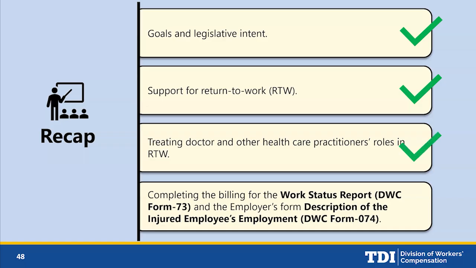We talked about the roles for our healthcare practitioners, our treating doctors, mid-level practitioners, as well as referral doctors, that they play in getting someone back to work, and then also completing that DWC Form-73, the work status report, and the description of the injured employee's employment, that's 74, filled out by the employer. That's not required, but definitely could be a lot of help to our healthcare providers.